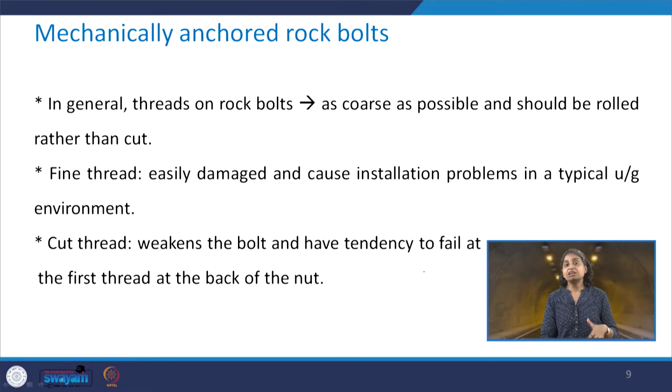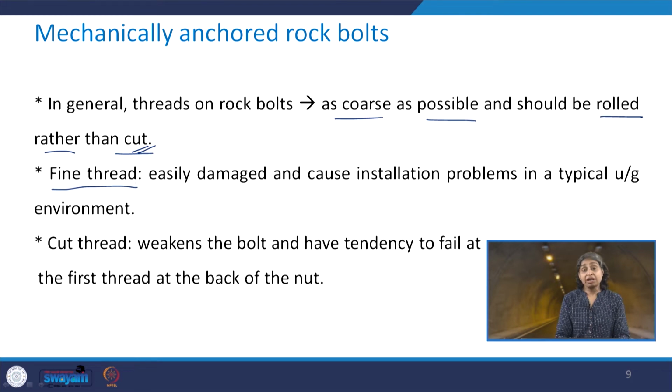In general, threads on rock bolts should be as coarse as possible and should be rolled rather than cut. Maybe in the next slide or so, I will show you the difference between rolled and cut threads. Fine threads, what happens?